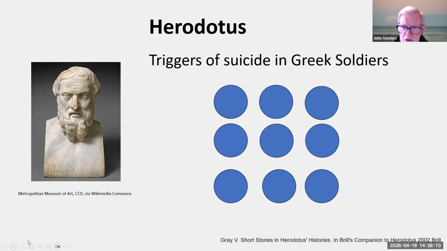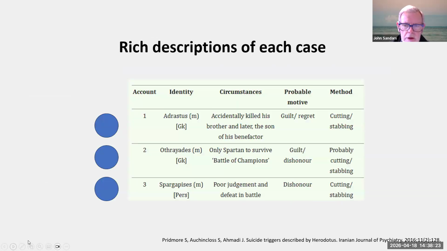For each case, he obtained a deep understanding of the triggers for suicide in each particular soldier. Here is some of the work attributed to him.